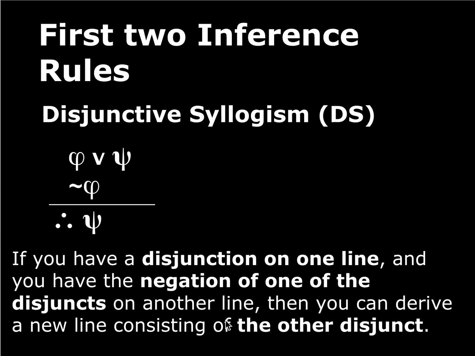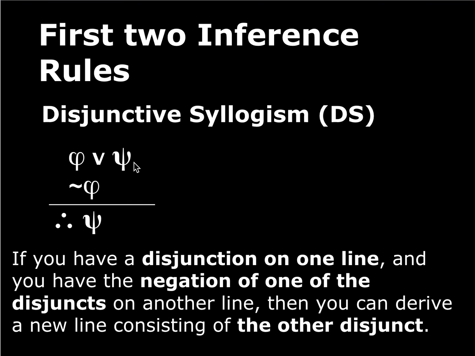This is the written schematic, and this is the verbal version of the rule. If you have a disjunction on one line, and you have the negation of one of the disjuncts on another line, you can derive a new line consisting of the other disjunct. Nowhere in the verbal description does it say that the two disjuncts have to be different statements. They could be the same statement. No problem. Now, you might say, maybe the visual schematic says that: phi and not psi, these are different Greek letters.